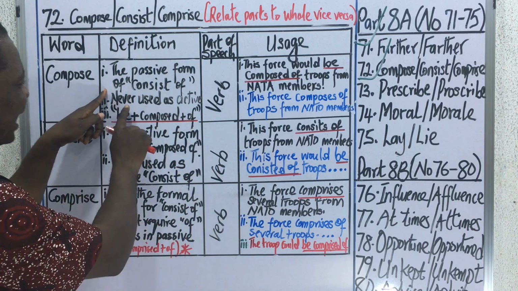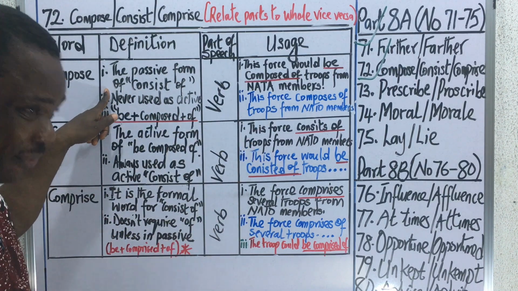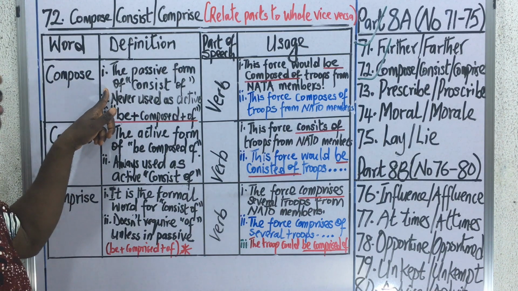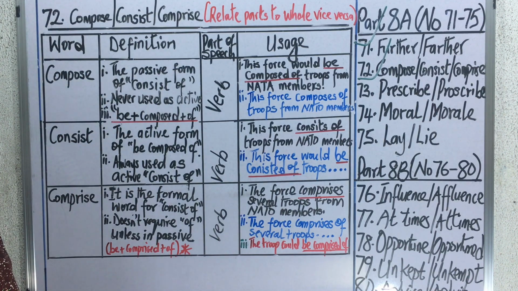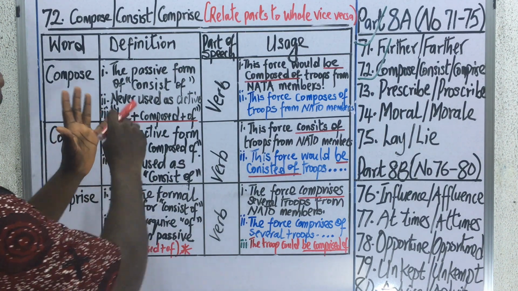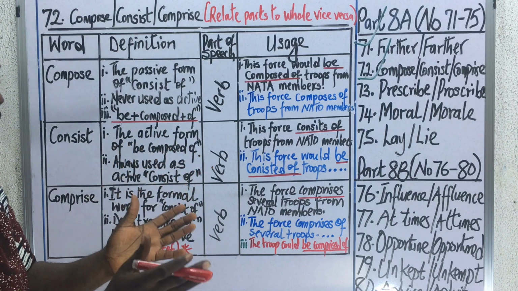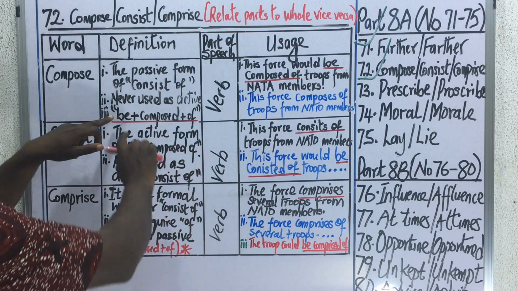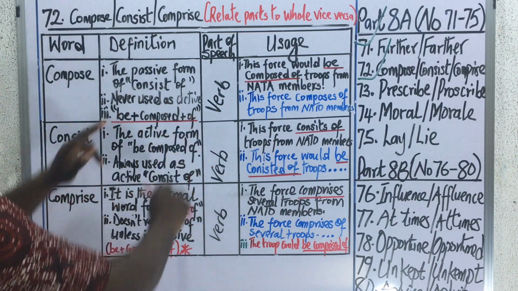So it's the passive form. Two, it can never be used as active. It can never be used as active in English. It's not going to be acceptable. Then number three is that anytime you are using it as passive, it will take the form of be composed of.